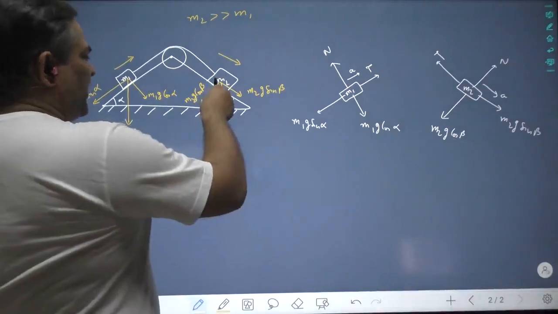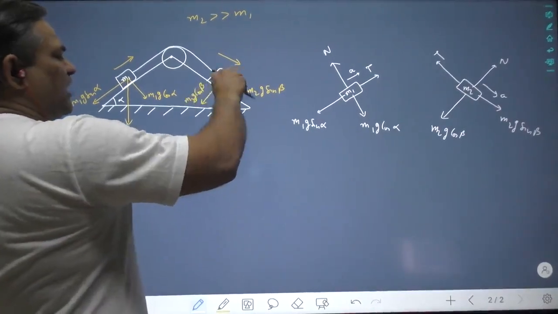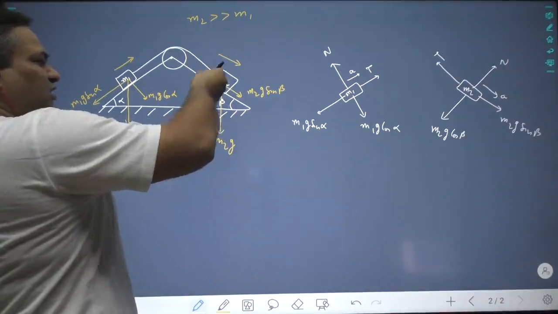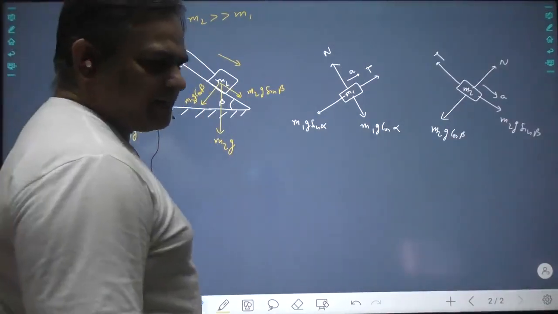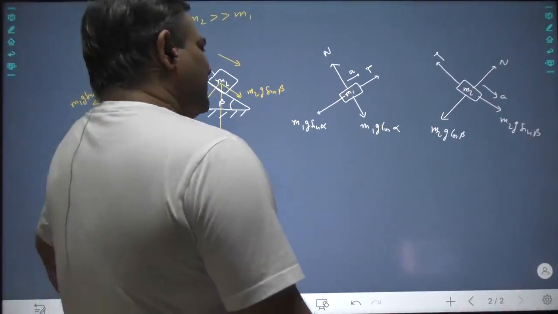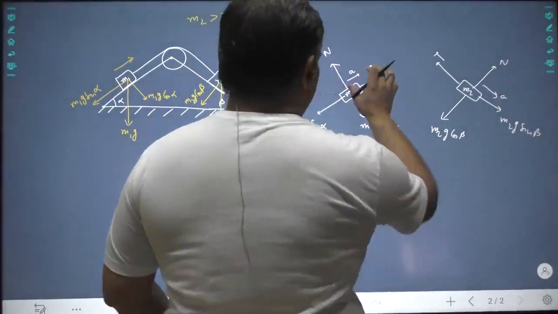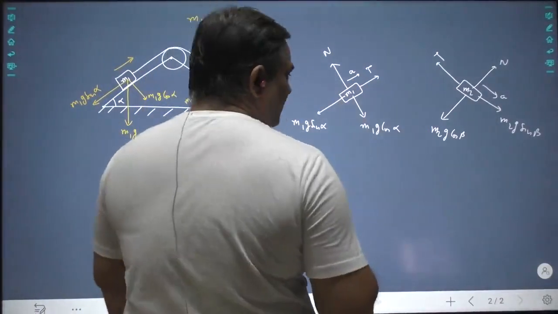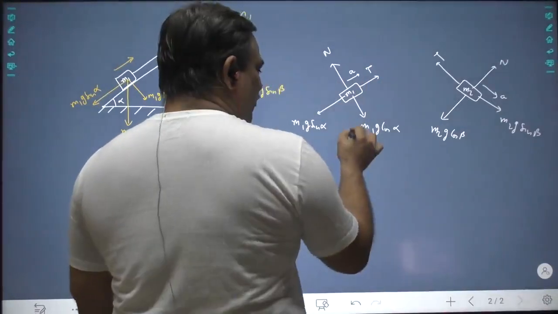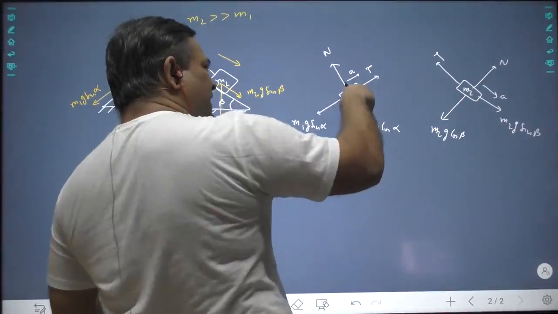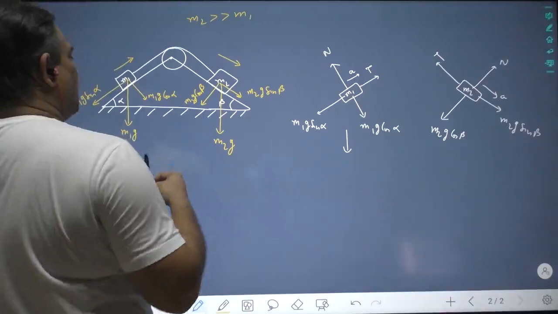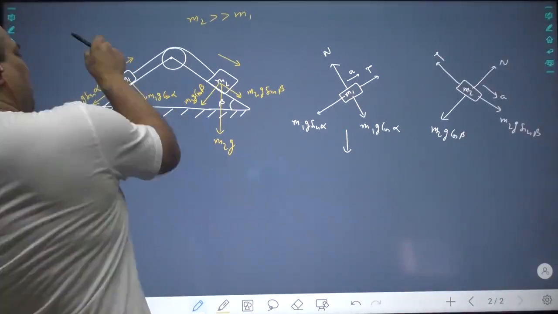See, you have to break down the weight component along two parts, along the motion, perpendicular to the motion. Only these two parts. Now please try to understand. Now this must be balanced. Why must this be balanced? Because this block is not jumping.